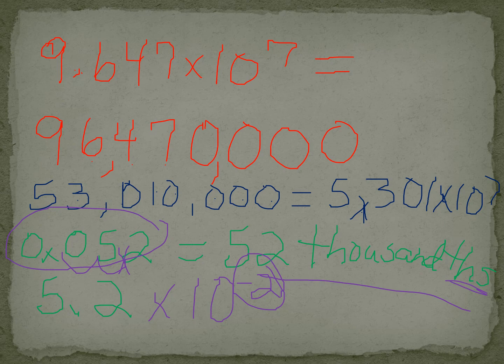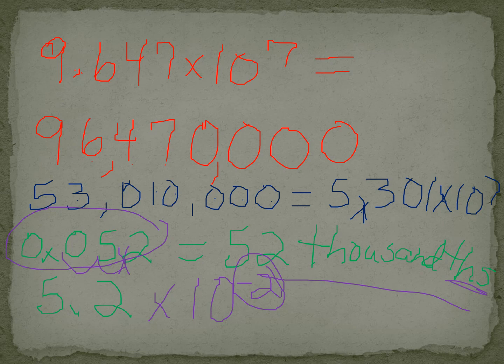Now this doesn't show up the best. 52 thousandths, okay? So because 52 thousandths is telling me again that my decimal initially is to the left of my 52.